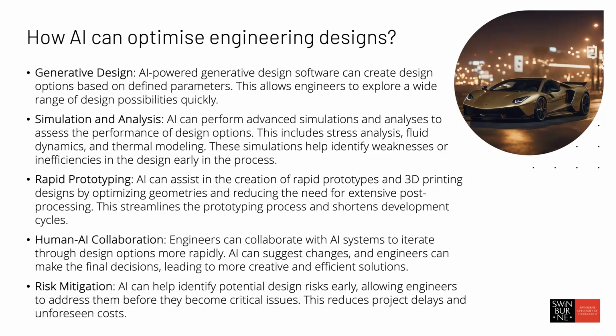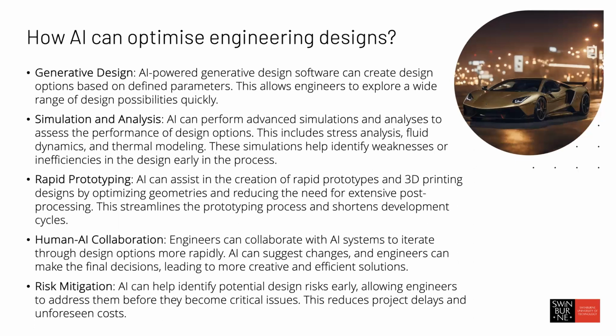We can also utilize AI for simulation and analysis, because AI can perform different types of simulations using those defined parameters, and also assess the performance of the design options. This can hugely reduce the cost of running the actual implementations. And the simulation and analysis can provide better optimized design solutions.